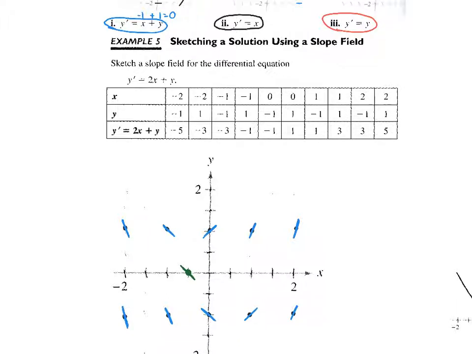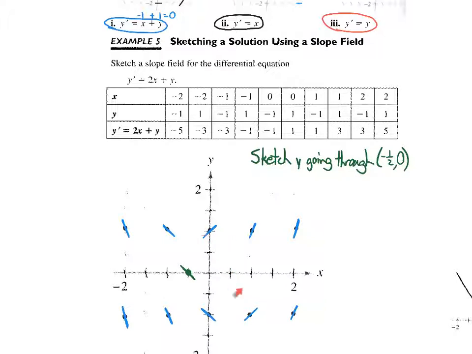What we're doing here is we're going to sketch y going through, let's see, that's the point -1/2, 0. Okay? Now, same idea here. Notice here's +1 slope, +1 slope.